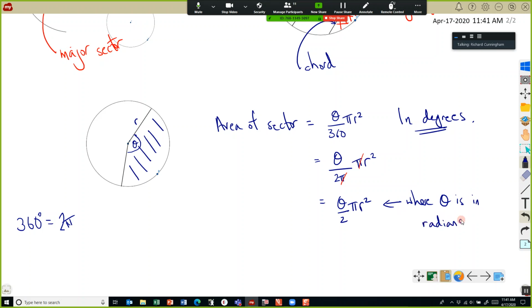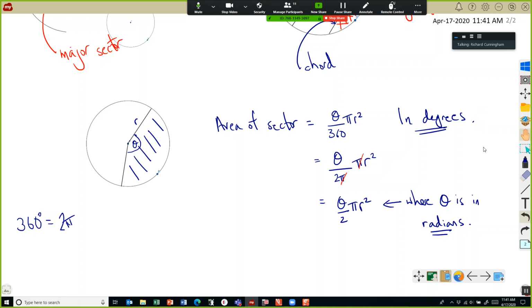So that is the formula you would use if you are dealing in radians. This formula here is the formula you use if you are dealing in degrees. So they do differ. You can't use the same formula. You need to make sure that you are using the correct formula. I'll do an example with this in a second.